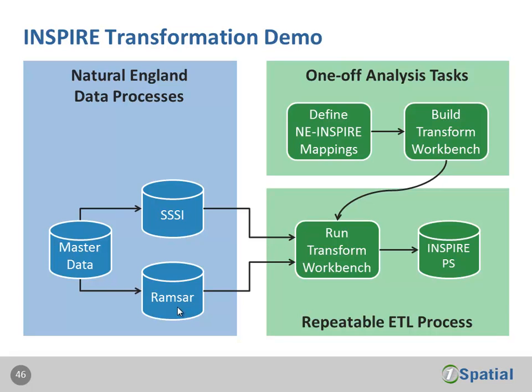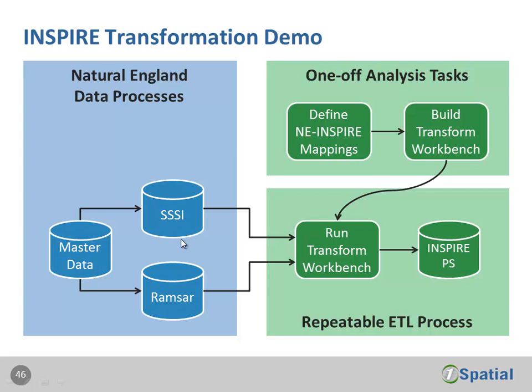An example that we've put together that I'll show briefly is taking a Natural England series of data sets and processing those through to Inspire GML. Natural England have made some data available to us, and they do to everybody actually through the Magic website and their own website.